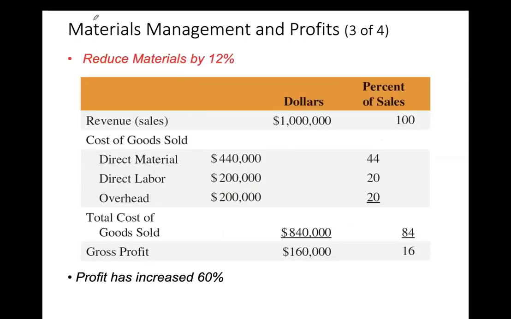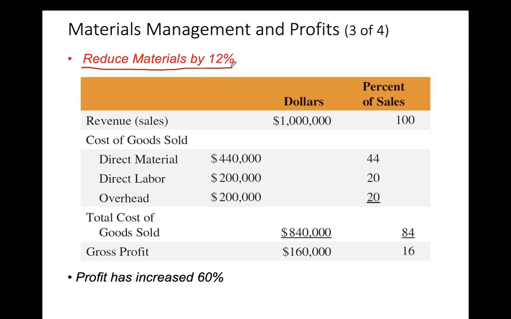Here is an example. In this case, I want to highlight that the job of a material manager is so important that they may be able to reduce material cost by 12%. And how would they reduce this material cost by 12%? They can do so by efficient planning, by negotiating with the supplier, or by buying in bulk.